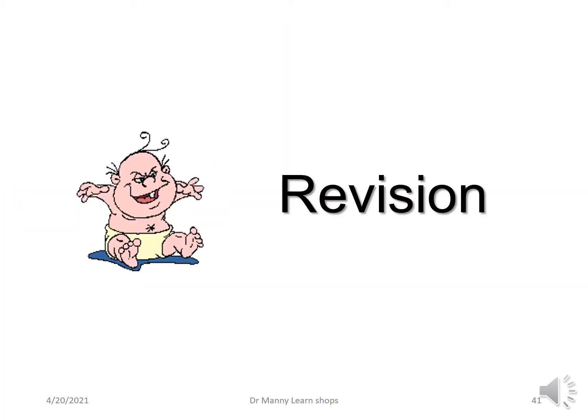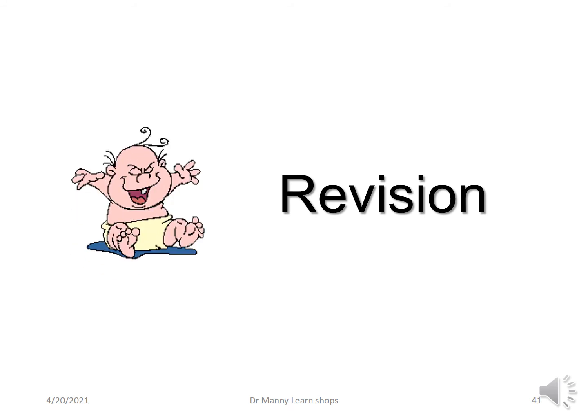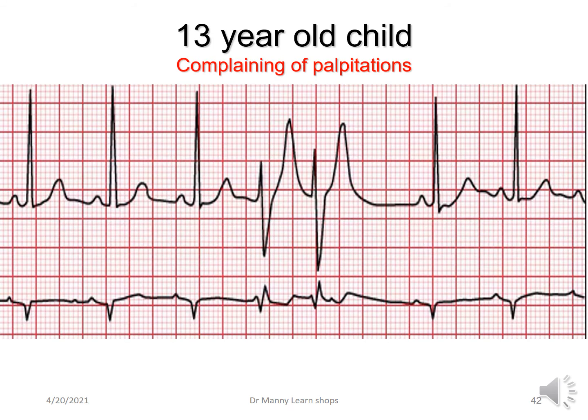So let's revise. Get ready. You've got a 13-year-old child complaining of palpitations, jumping heartbeats. So what's the rhythm? The rhythm that you've got here in front of you is sinus rhythm with what?